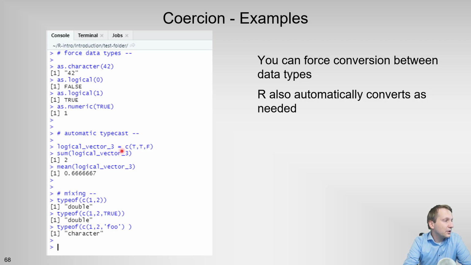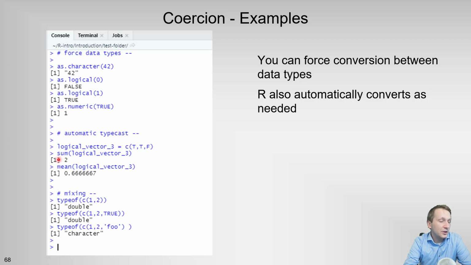Okay, so let's create a logical vector with 3 elements, true, true, and false. If you call the sum function, so you sum up something that is Boolean or logical, now that's kind of strange, right? So it automatically converts it first, so it converts the trues to 1s and the false to a 0, and then takes a sum.